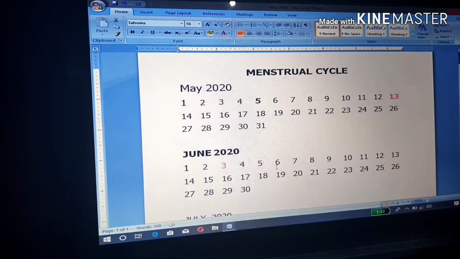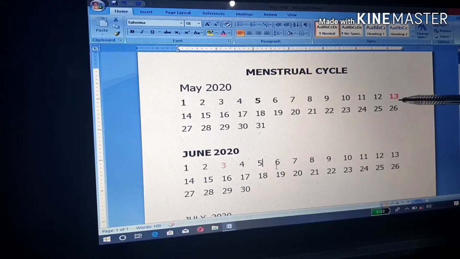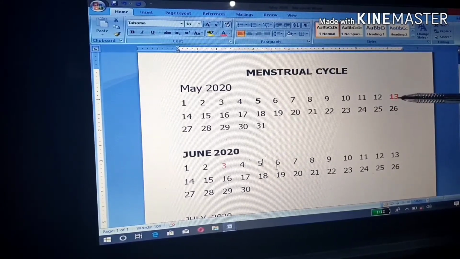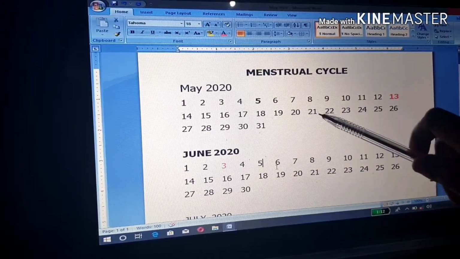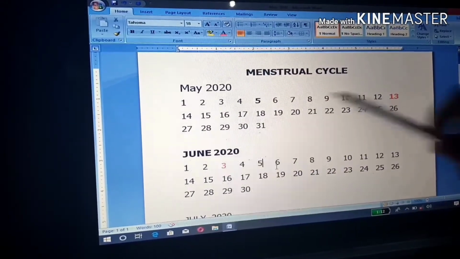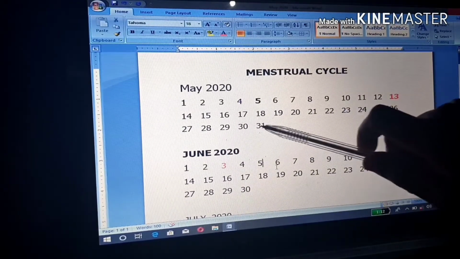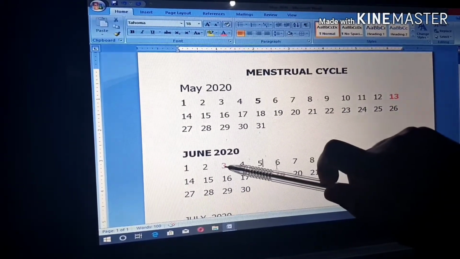Now, let me teach you with this calendar. If for example, you started menstruating on the 13th of May, and we say that it takes 22 days from the day you started menstruating for you to ovulate, all you have to do is count. Let's count together from this 13th. 1, 2, 3, 4, 5, 6, 7, 8, 9, 10, 11, 12, 13, 14, 15, 16, 17, 18, 19, 20, 21, 22.